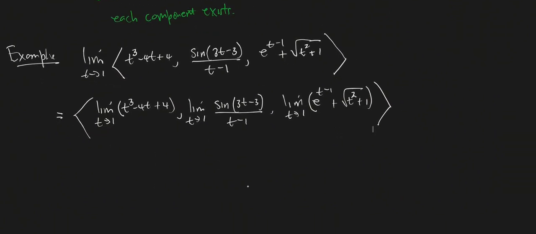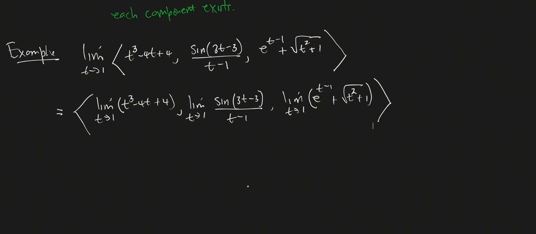Let's kind of do these off to the side. So the first one, if I have to find the limit of that polynomial, process-wise, if we recognize that the function is continuous at t equals 1, then the limit is simply a function evaluation.